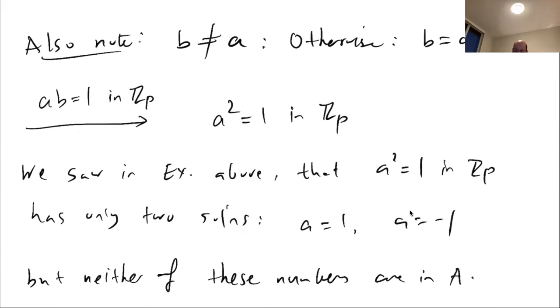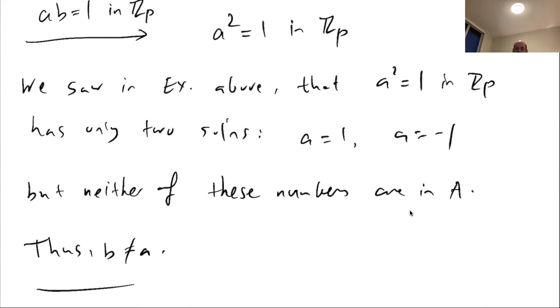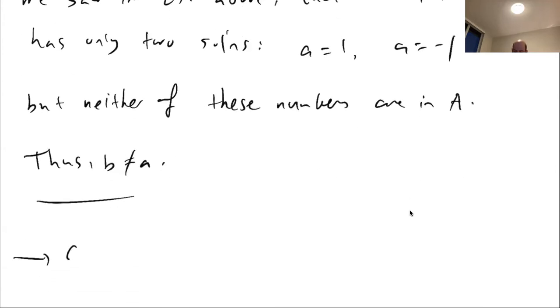If B is equal to A, then A has to be either 1 or -1, but neither of these numbers are in A, which means B has to be not equal to A. That's it. So that means the claim is proved.